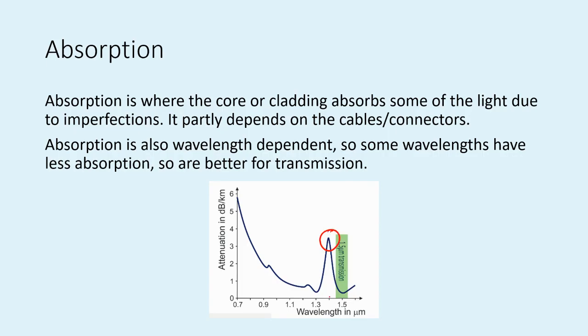So obviously 1.4 micrometres happens to be a point where this particular material absorbs it really well, whereas 1.5 is obviously a lot better. So that's absorption. Make sure you get a quick sketch of the graph. You're not expected to memorize it, but you should understand the general shape, and you may well be asked to analyze a graph if they give you one.